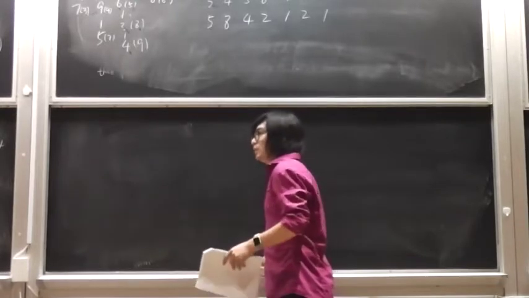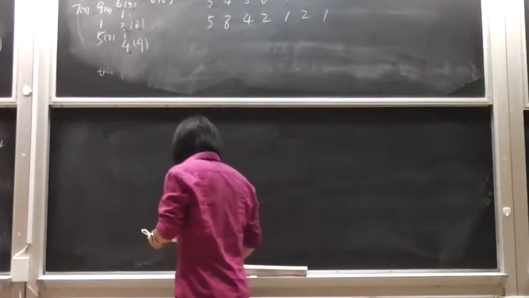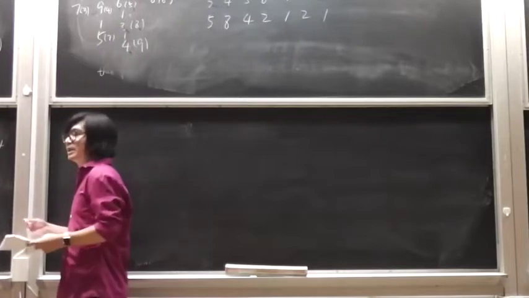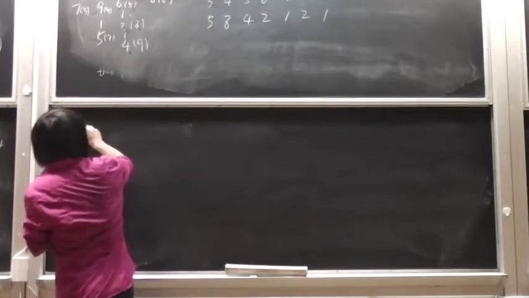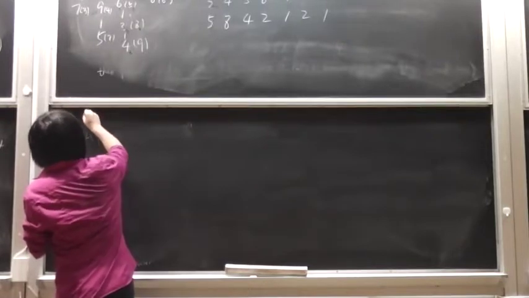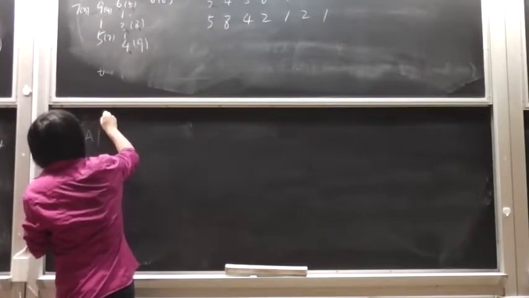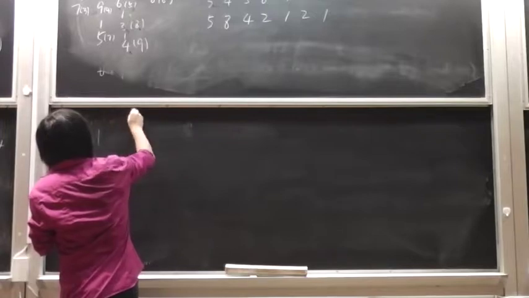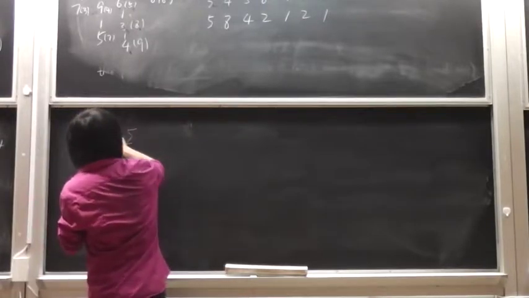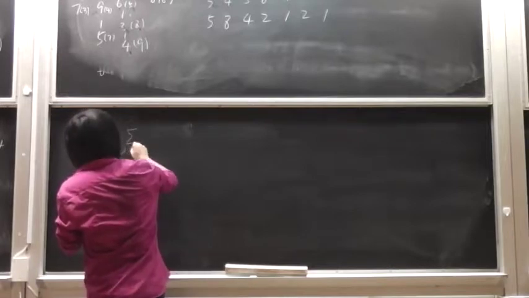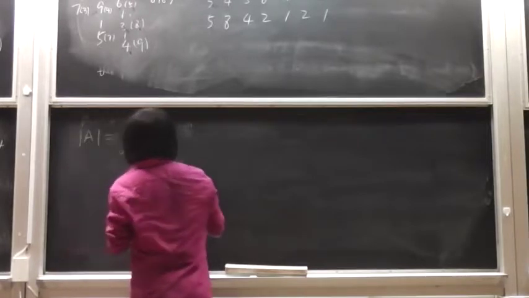So in enumerative combinatorics, the classes of objects usually have some natural statistics. So for example, for a finite set A, the cardinality equals the summation of 1 for each element.